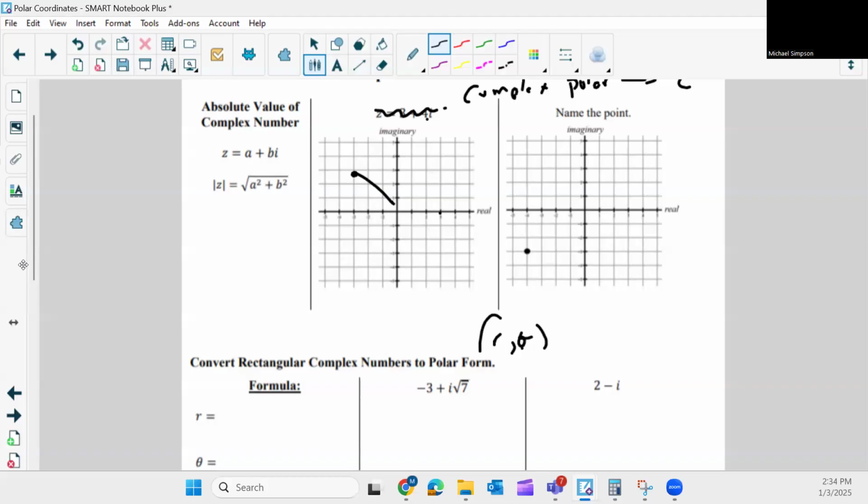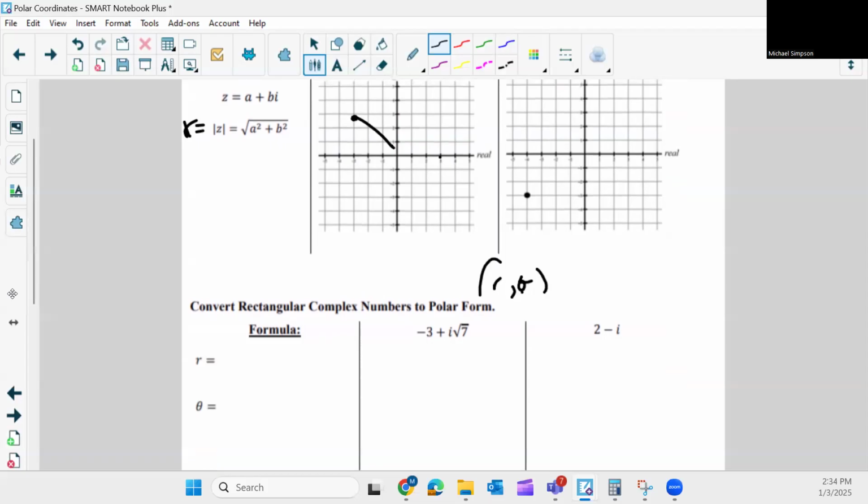R is equal to the square root of -3 squared, which is 9, plus square root of 7 squared, which is just 7.